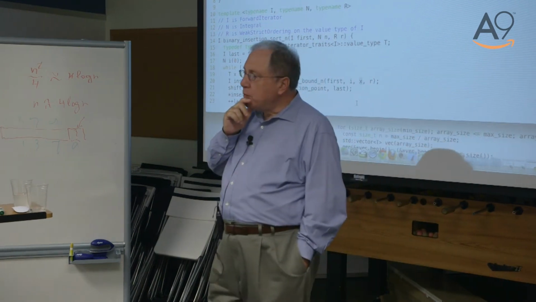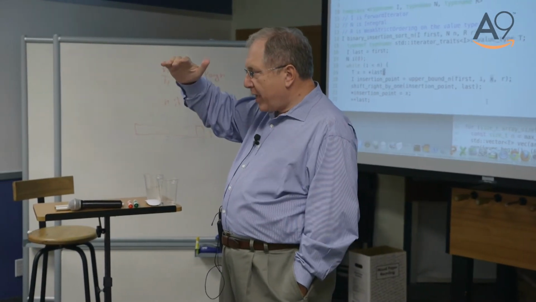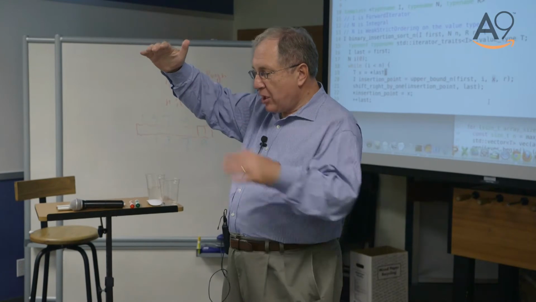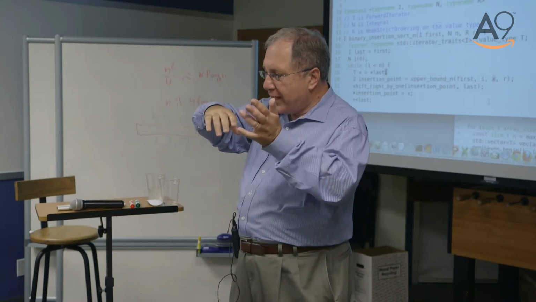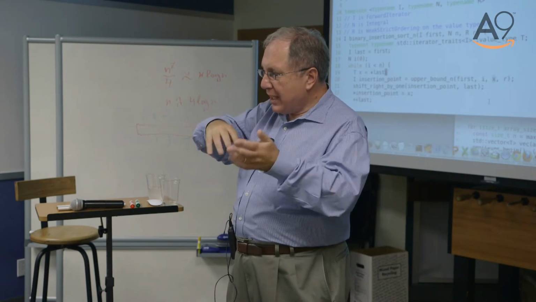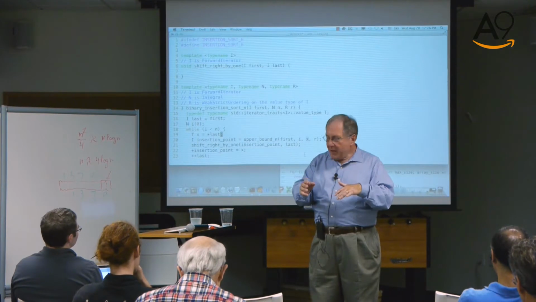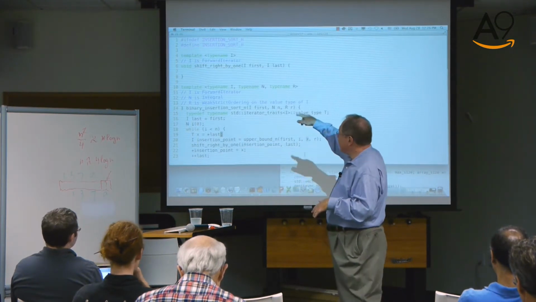No. Why would it need to? Because I could dispatch. We're going to have a top-level dispatch where we say, are we a forward iterator? If we're a forward iterator, we will do this. If we're a bidirectional iterator, we're going to do that. Let us quickly sketch the code for bidirectional iterator.